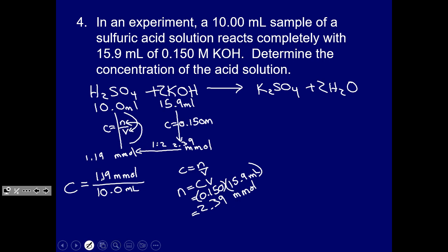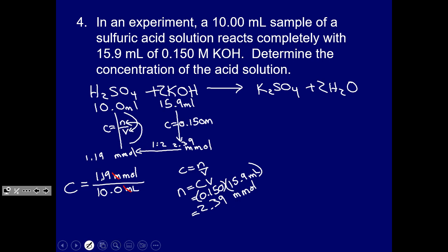And if we do some analysis like you did in algebra years ago, or maybe grade 9, those millis can cancel out. That means when we divide 1.19 divided by 10, we still get moles per liter. It's the same unit. That's why sometimes it's useful to do that.